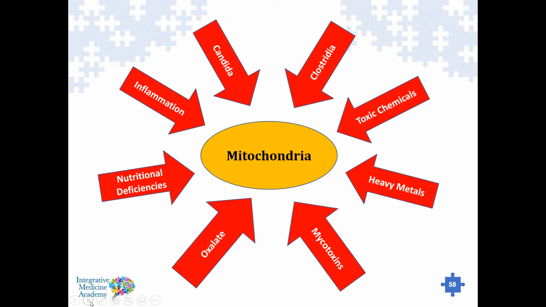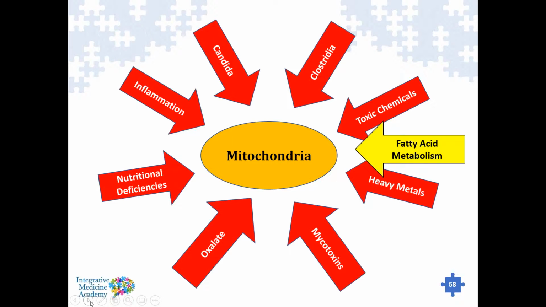In the Advanced OAT seminar, we do get into that in great detail. In the basic OAT seminar, we're basically approaching it the fact that mitochondria can become altered because of the presence of many factors, from oxalates to nutritional deficiencies, toxic chemicals, candida, clostridia, etc.